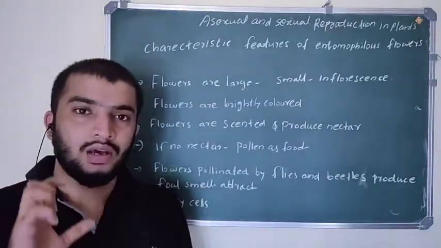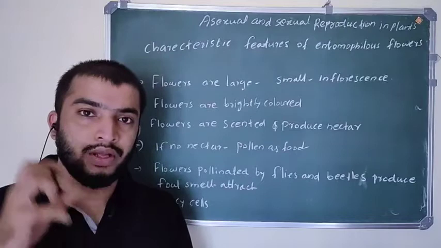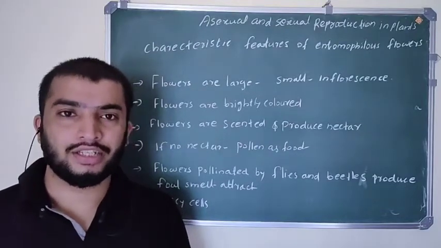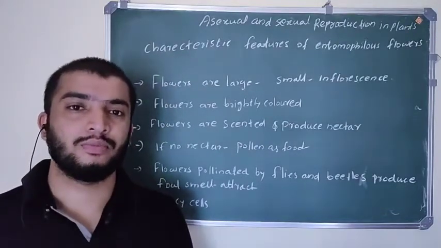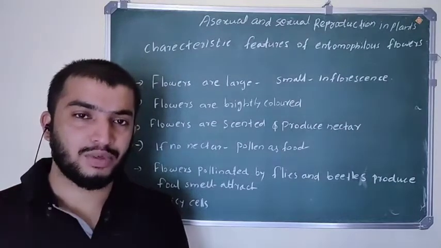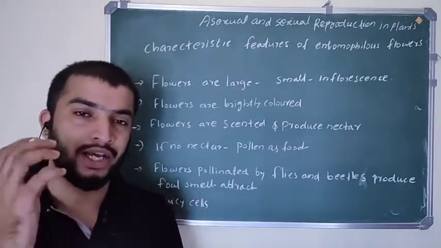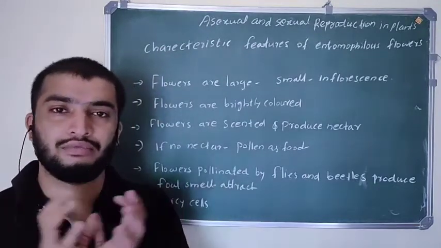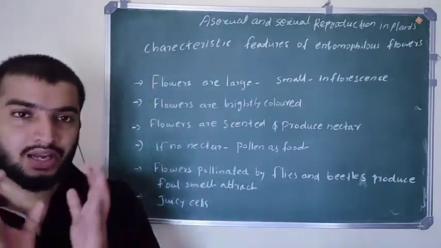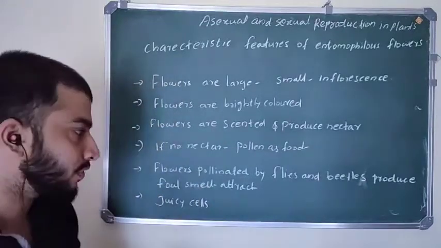If flowers are not producing nectar, these pollinating agents take pollen as food material. Especially honeybees take pollen as food material and also for building up their hives. That is another characteristic feature of entomophilous flowers.